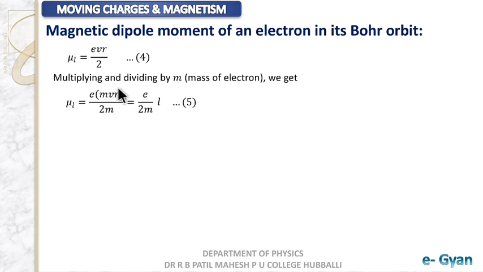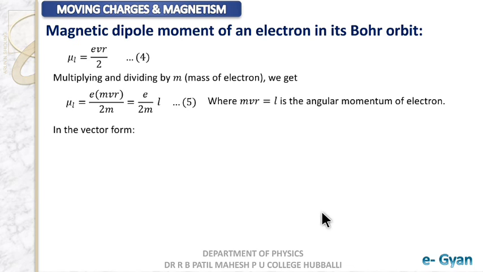We are having mvr, and mvr is already known to us. That is nothing but the angular momentum of the electron. So we are going to substitute L in place of mvr. So since this is L, that's why we are having mu L. That means the magnetic dipole moment of an electron depends upon angular momentum. That's why it is mentioned here as mu L.